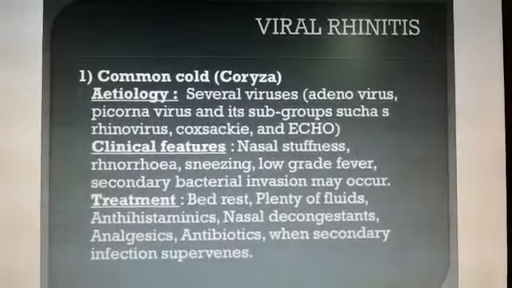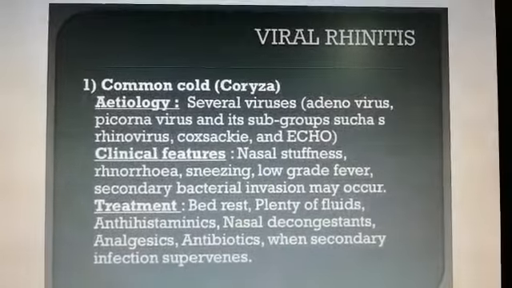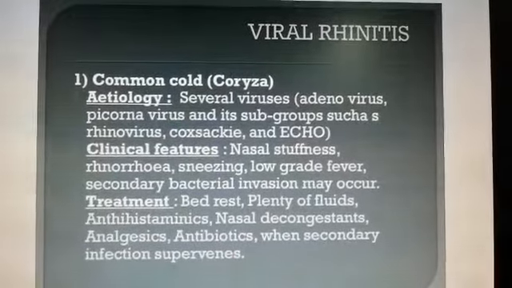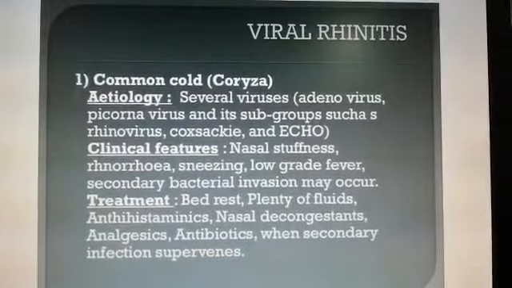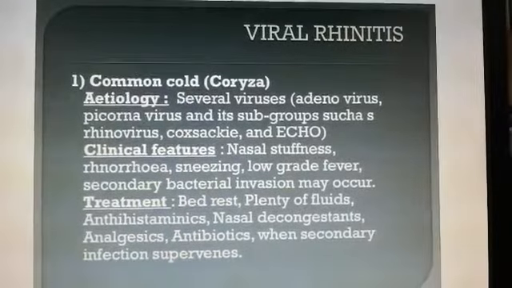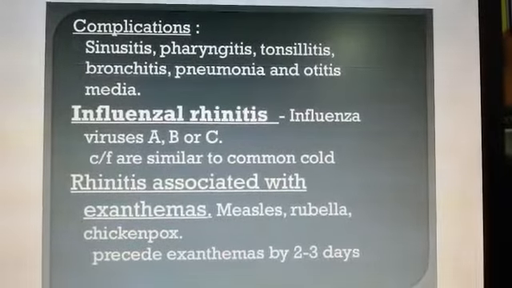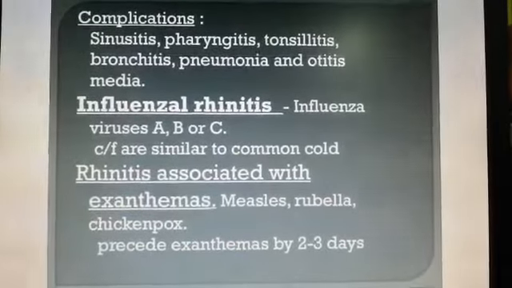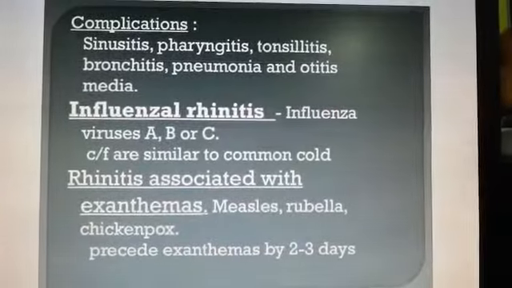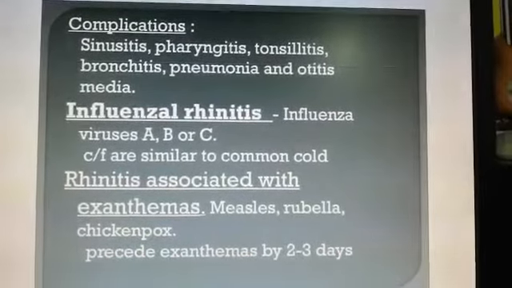So this is important, that there is no role of antibacterial in the treatment of viral rhinitis until and unless there is secondary infection by bacterial organisms. Usually the disease is self-limiting and it resolves. I have already mentioned it, that it takes up to 3 weeks. It usually resolves within 2 to 3 weeks, but occasionally it can get complicated.